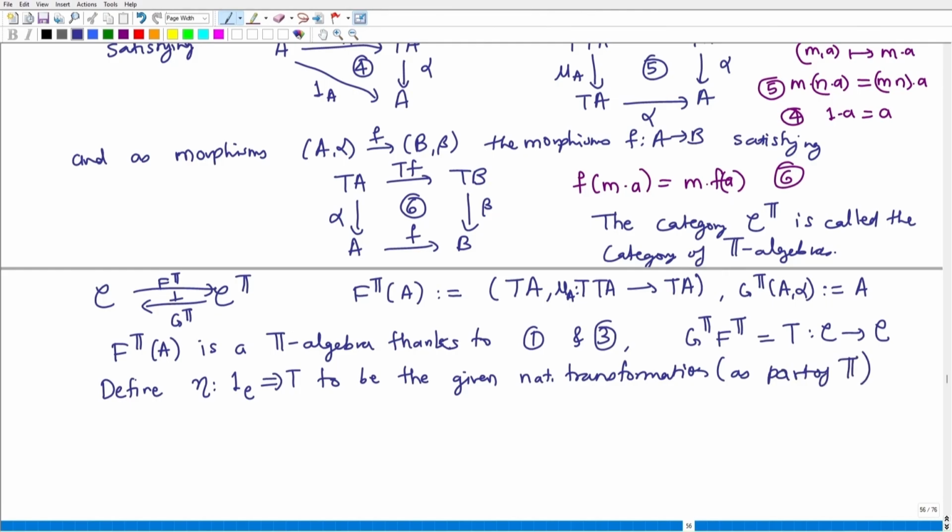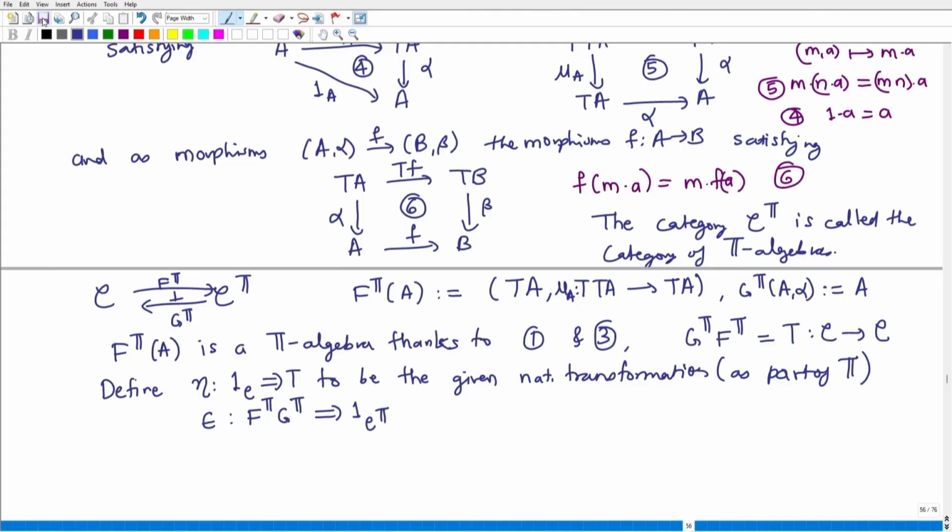Finally, we also need epsilon. So epsilon we want to define. Epsilon should be from where to where? Tell me. From FTGT to 1 sub CT. We haven't yet verified that it is an adjunction. We are in the process of verifying that.